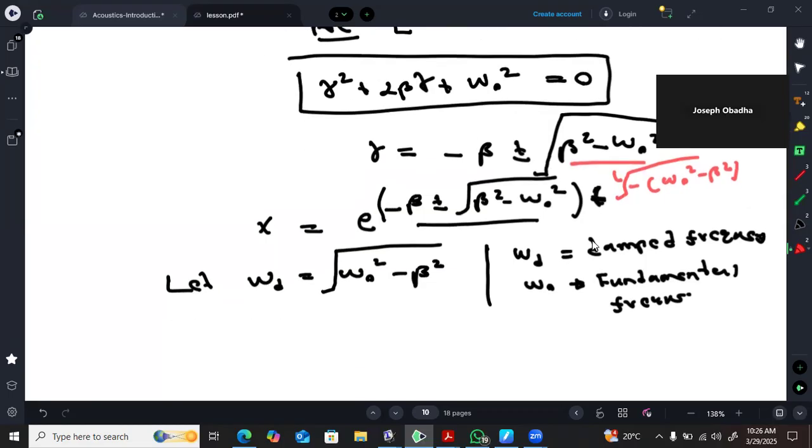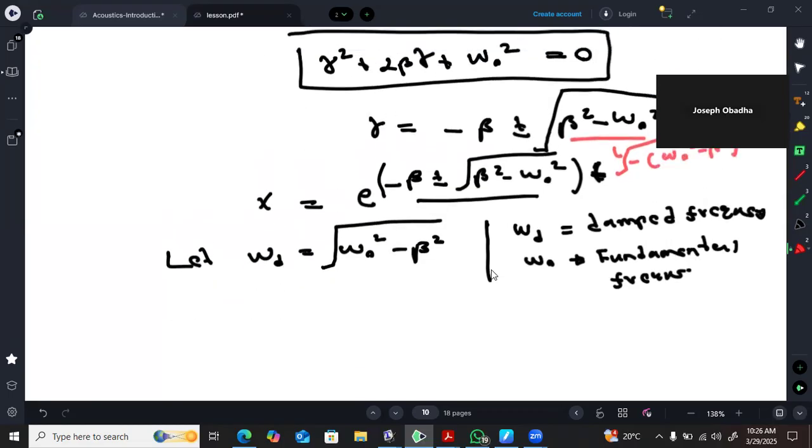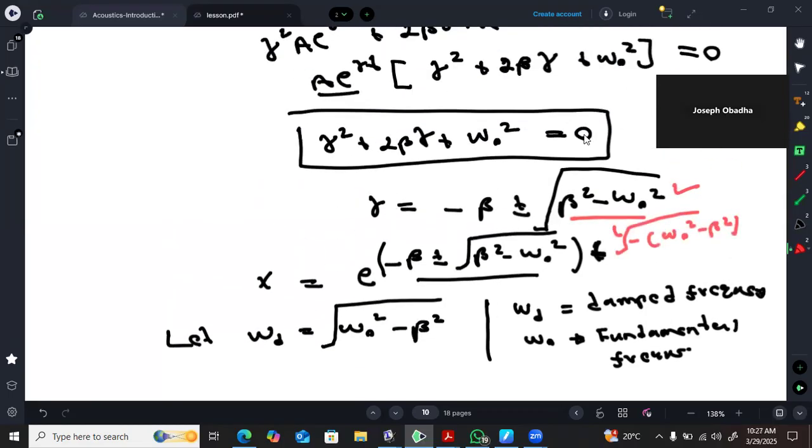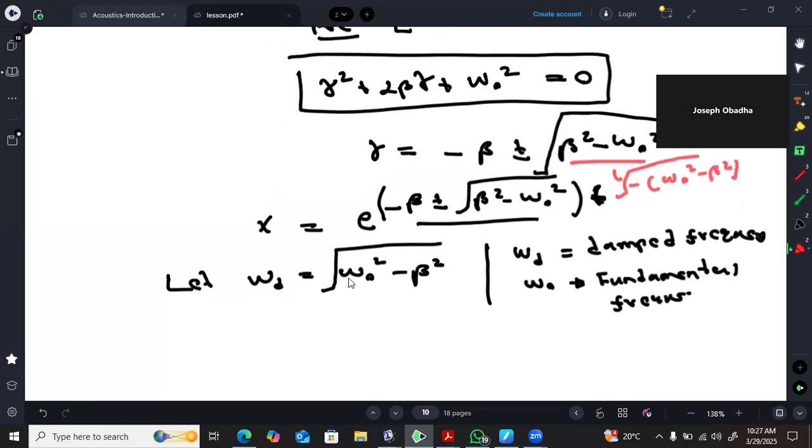So if it is the negative of this, then I can now write gamma equal to the negative of beta plus or minus j omega d. This is the same as having this positive here or putting j squared here.